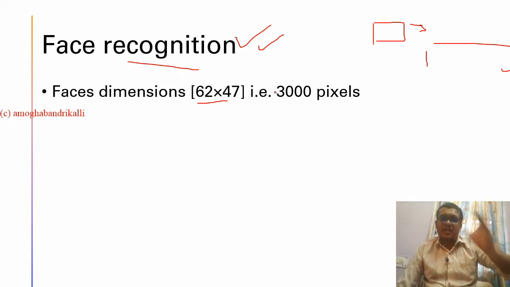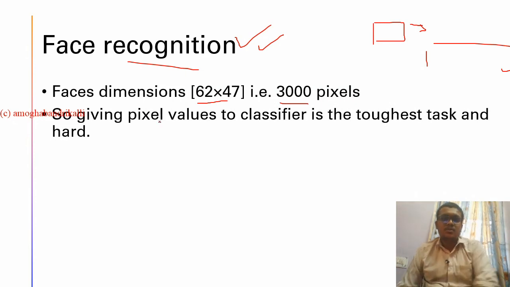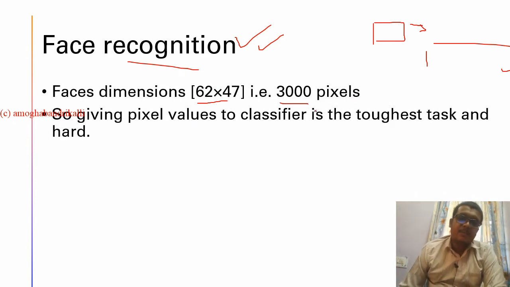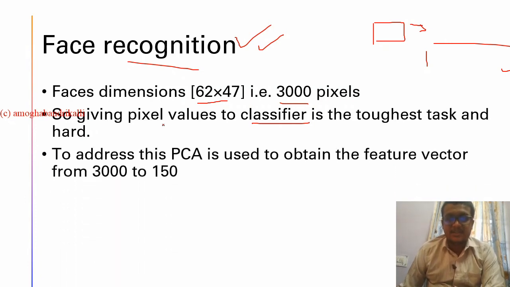If you train on the whole image, you need to use 3000 pixels. Giving the same 3000 pixels to the classifier is a tougher task and harder to make a decision from. It may give many errors.